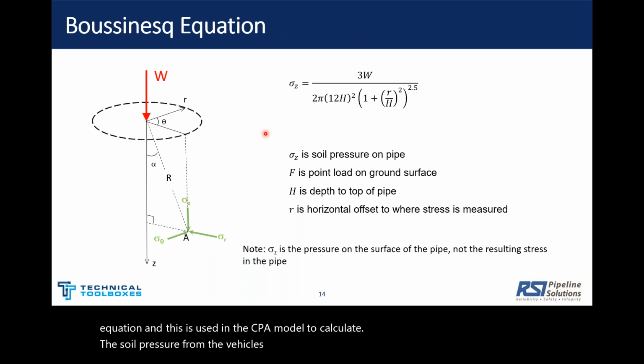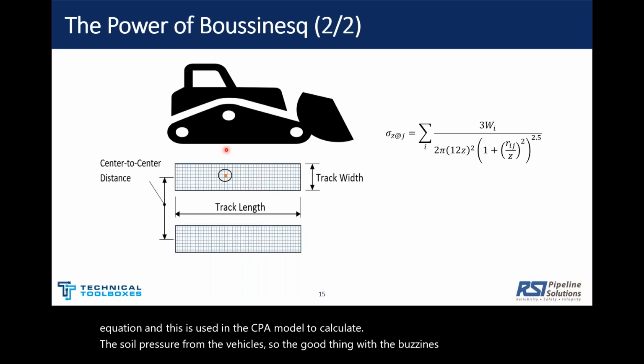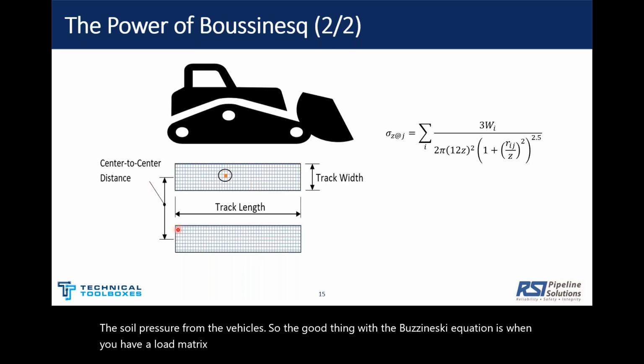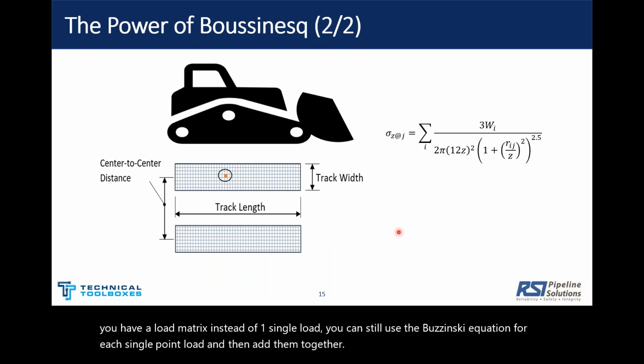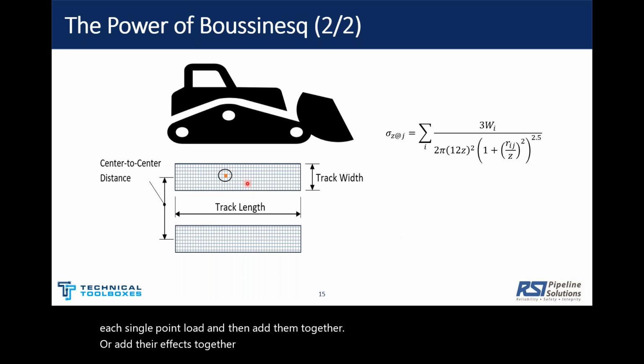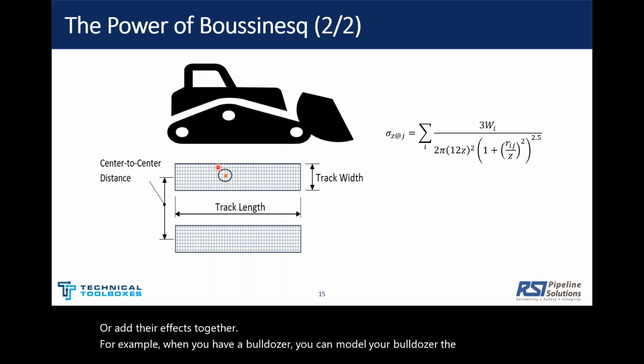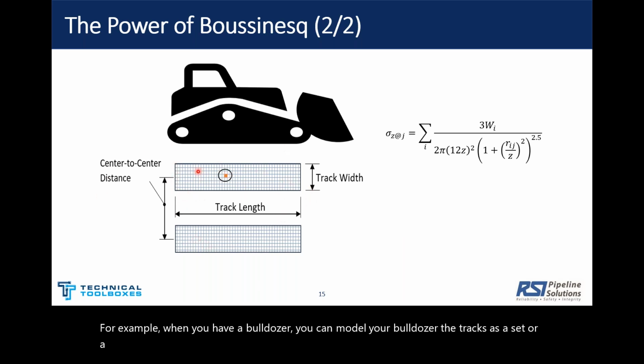The good thing with the Boussinesq equation is that when you have a load matrix instead of one single load, you can still use the equation for each single point load and then add their effects together. For example, when you have a bulldozer, you can model the tracks as a matrix of point loads that act at different locations.